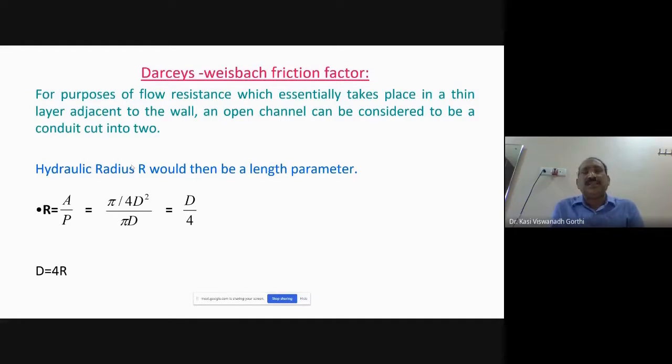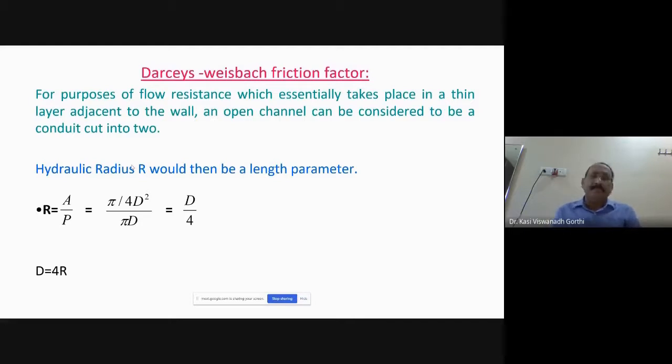Q is the discharge, volume per unit time, L cubed T to the power minus 1, divided by A, pi by 4 D squared, with dimension L squared, and root 2GH: 2 has no dimensions, G is LT to the power minus 2, and H is L. If you substitute all that, you will be getting M to the power 0, L to the power 0, T to the power 0 as the dimensional formula for the coefficient of discharge CD in an orifice.